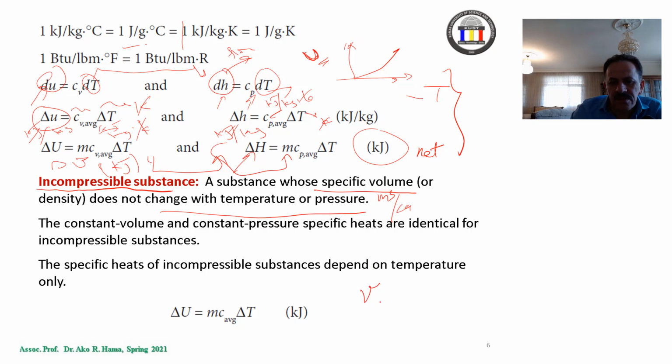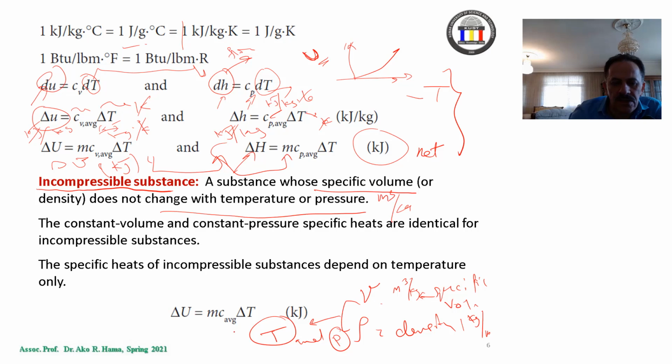So be careful that the specific volume, and the rho, which is the density, how many kilogram per meter cube, these two factors will be affected by temperature and pressure, as we have the P v = mRT equation.